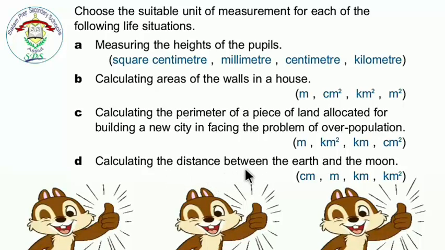So the suitable choice is kilometer because it's not required to find the area of the distance between the earth and the moon. The area is not given in this statement. So we will choose kilometer.